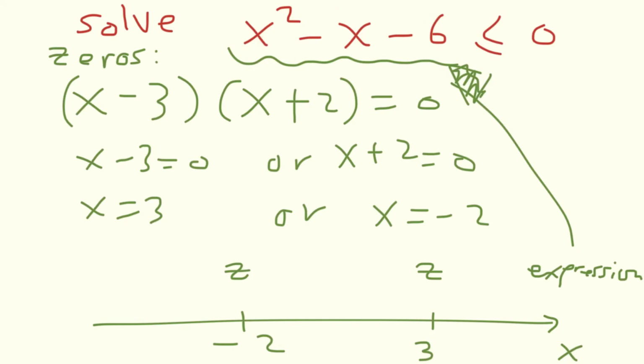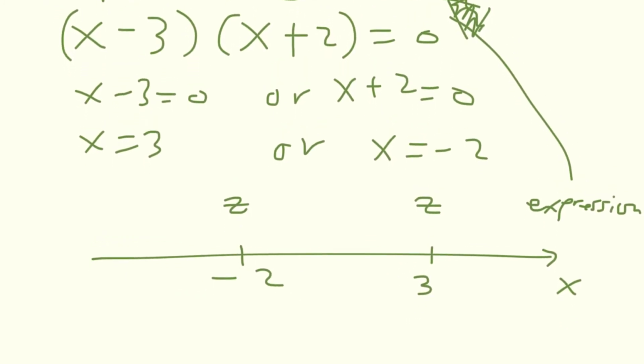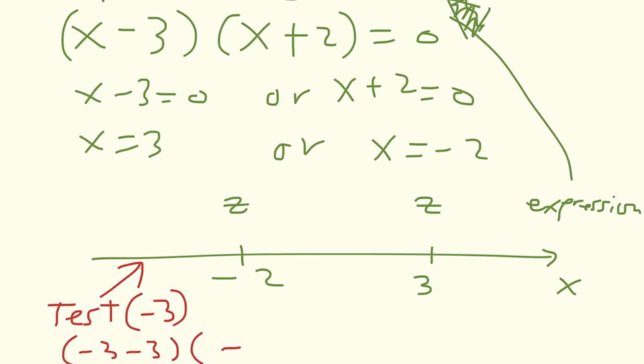So that's what I'm planning to do: make a test point here. Suppose any value smaller than minus 2, maybe minus 3. Take x equal to minus 3 and put it here and here. If you put it here, what will happen? This will be minus 3 multiplied by what? Minus 3 plus 2. I'm just substituting in the expression.